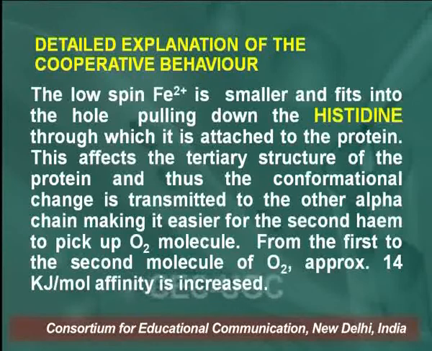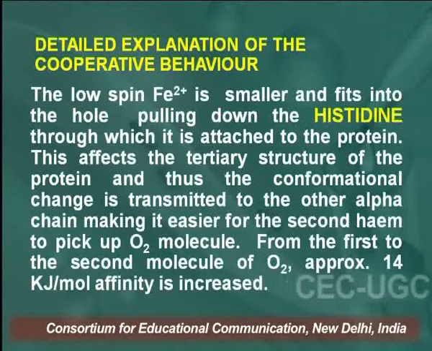That means the protein is not a single unit, it is a combination of many amino acids. So if one histidine unit is pulled down, the effect is transmitted to the other chain or protein unit, making it easier for the second heme to pick up the oxygen molecule. From the first to the second oxygen molecule, approximately 14 kilojoules per mole of affinity is increased.